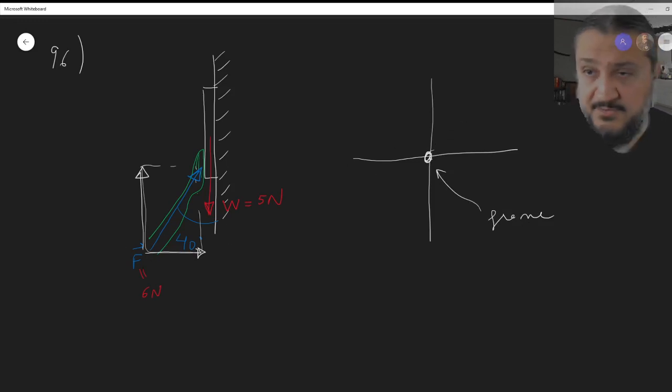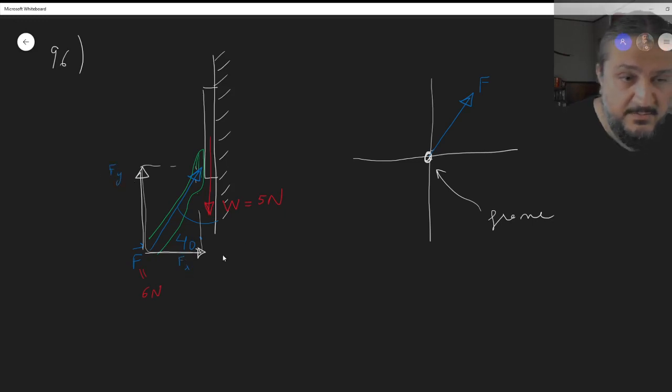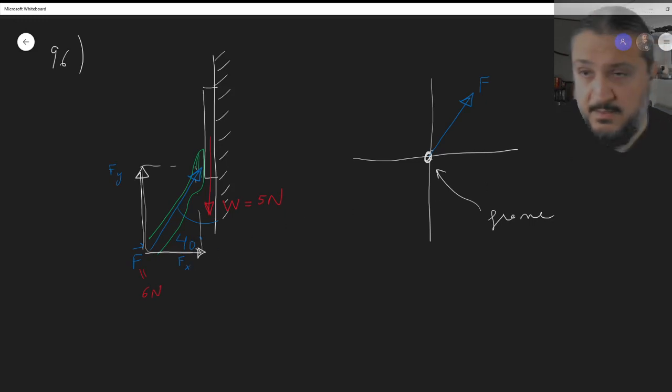This F I could simply place here, and then these components, let's call them Fx and Fy, would be here, Fx and Fy, and this angle here. Now if this is 40, what is this one? That is 50, right? This is 50 degrees.